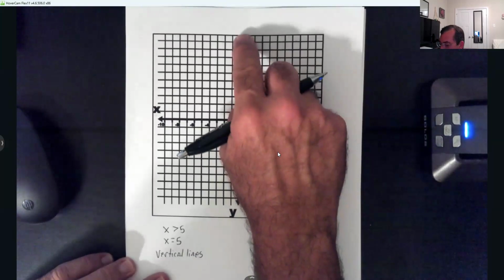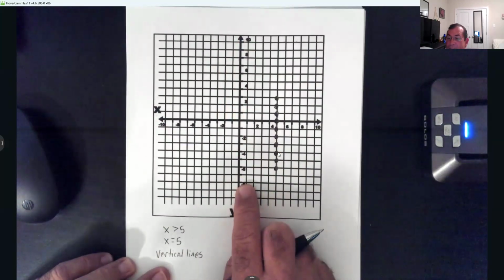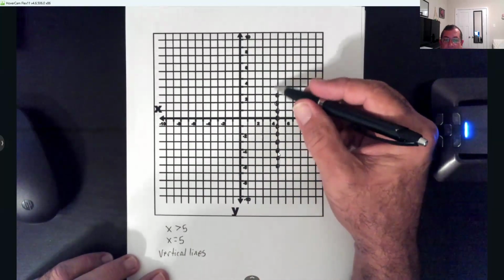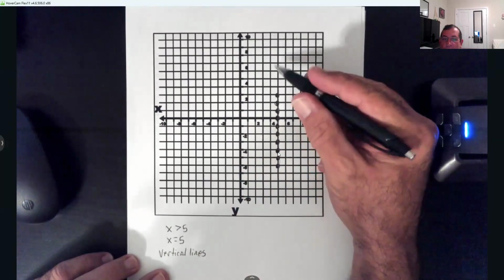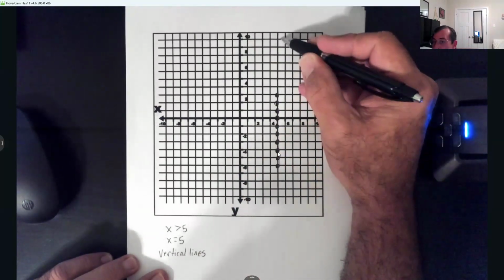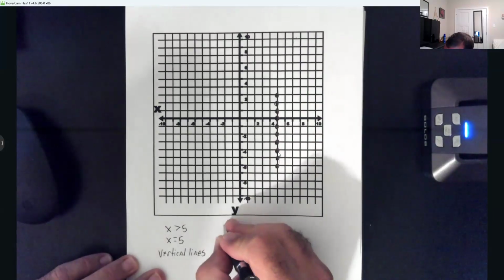Now, all you see when they make a graph usually is the main X and Y axis. But y'all, these lines go on forever just like that X and Y axis. So no matter what, any point on this line has an X value of 5.